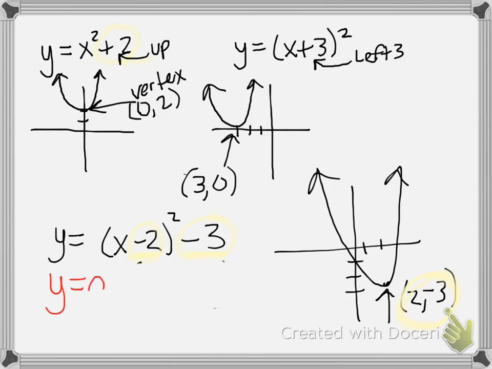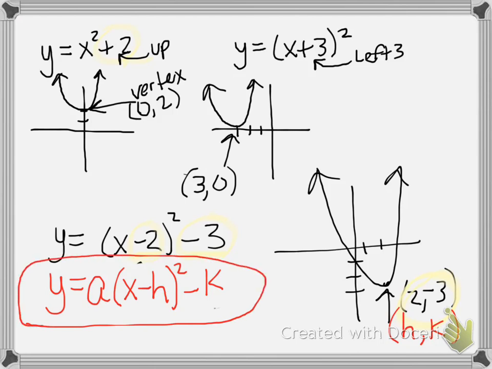And sometimes there's a number out here, so we're going to call it A. X minus, they call this H, and they call the one behind K. And so they say this is H, K. So what this is getting at is that if you can get the function in this form, then you automatically know what the vertex is without having to graph it or anything. Because whatever number is here and here is whatever the vertex is. Okay?